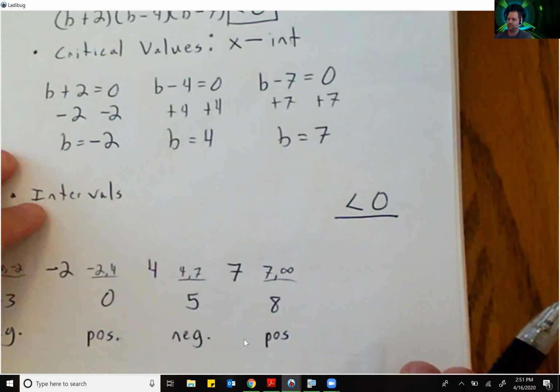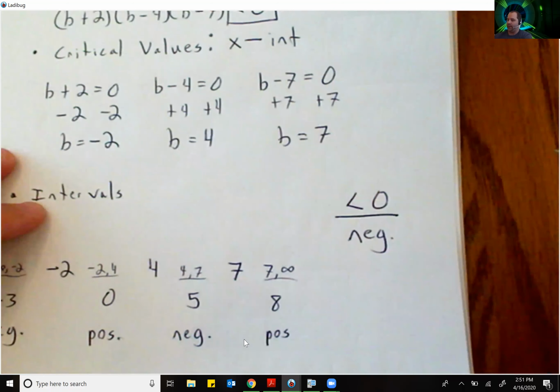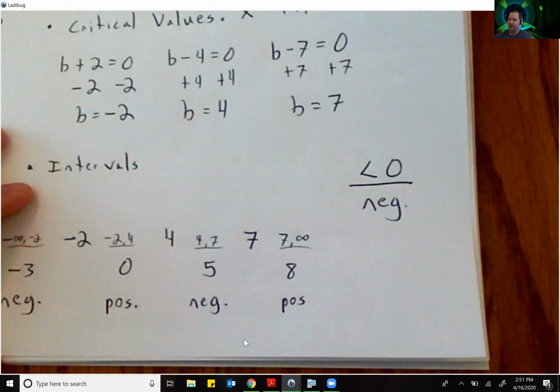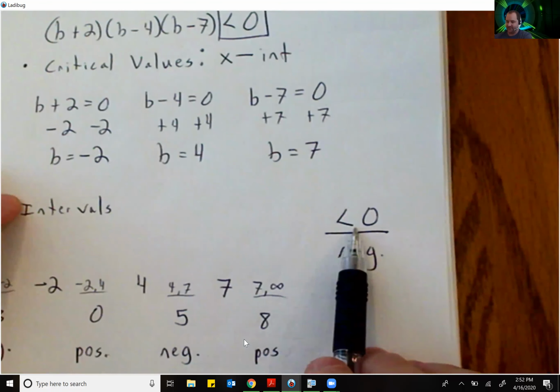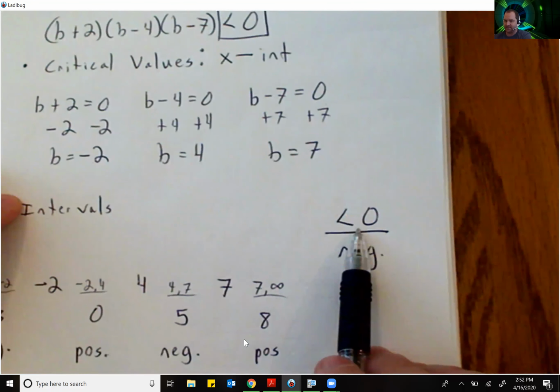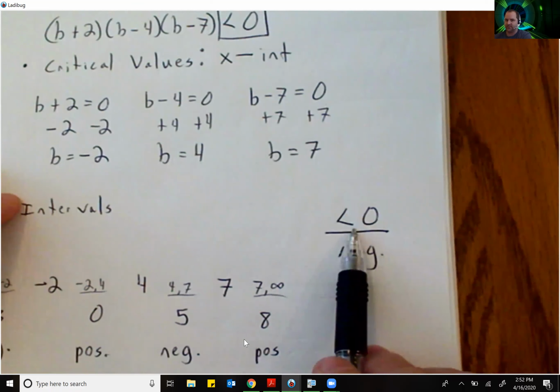Negative? You got it. So in order to answer our question, we need the negative intervals. And because this is less than, we will have parentheses. If it was less than or equal to, then we would have used brackets. But because it is less than, we'll use parentheses.